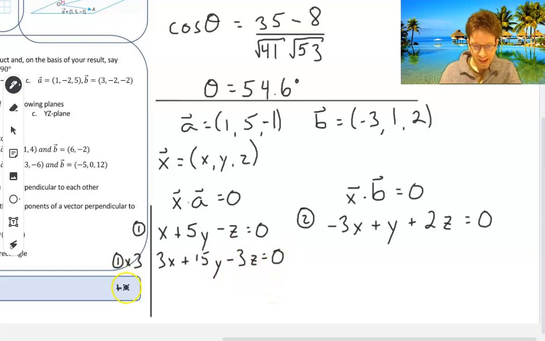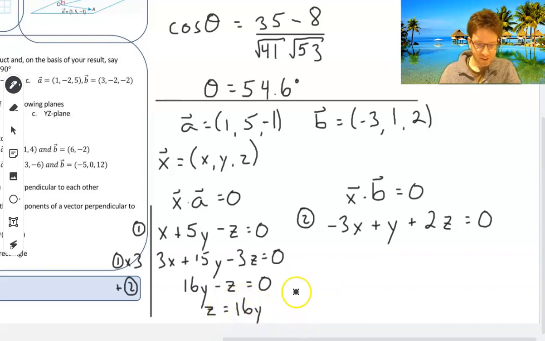And now I'm going to add equation 2 to that. So you can see when I do that, you have 3x minus 3x, so there's no more x terms, that's why I'm doing this. 15y plus y gives us 16y. And then minus 3z plus 2z is minus z, which equals 0. So this is telling us that z is going to equal 16y.